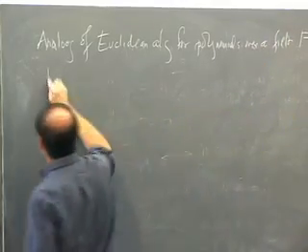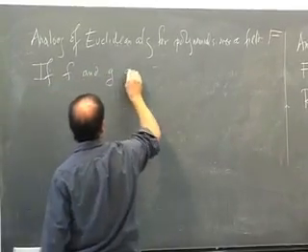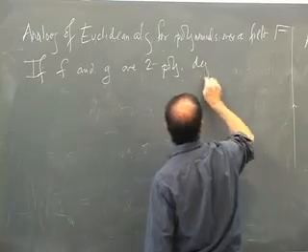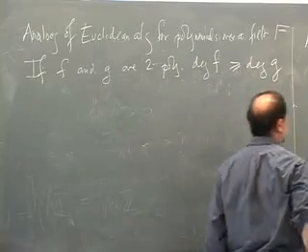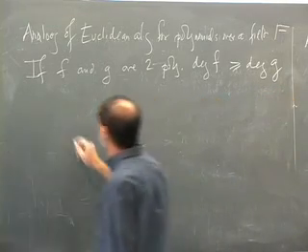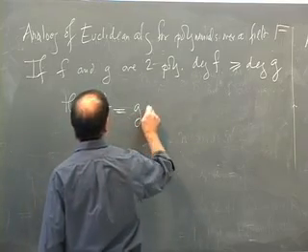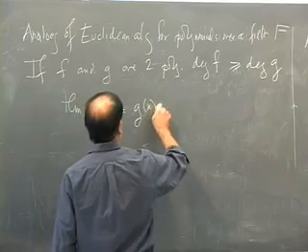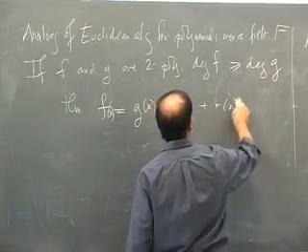If f and g are two polynomials with the degree of f greater than or equal to the degree of g, the degree being the size of the highest term, then f of x is g of x times q of x plus r of x.